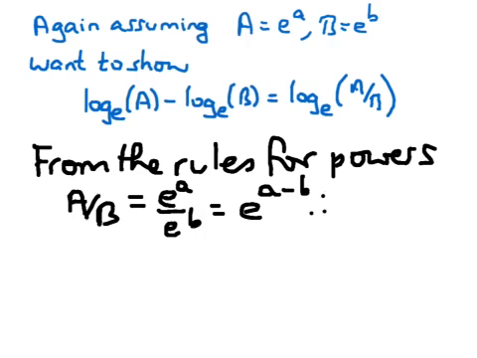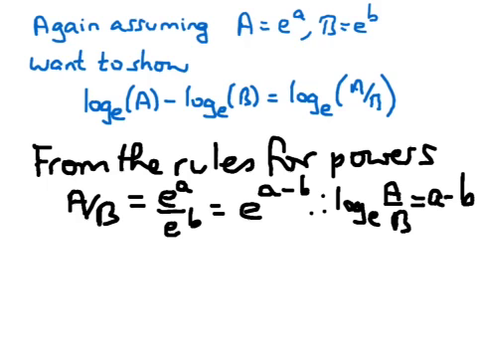So therefore, the logarithm to the base e of A over B is going to be the logarithm to the base e of e to this power, and of course that's all the logarithm is asking you about, what is that power? So this is going to be little a minus little b.